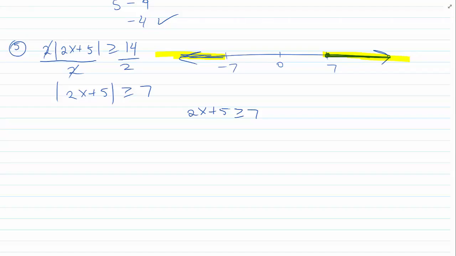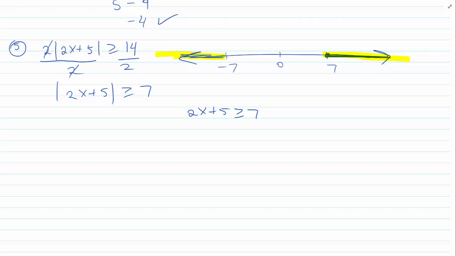Negative 9, negative 10, negative 11, all of that is greater than 7. So when you have a greater than symbol, your inequality will go both ways, to the right of positive and to the left of negative. But not to the right and left of the same number, otherwise everything is a solution. So that's what you do when it's greater, going in the other direction.